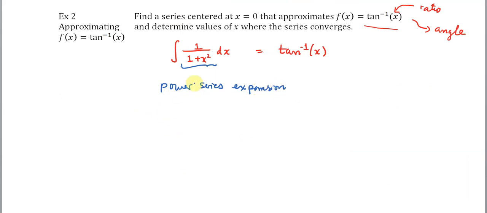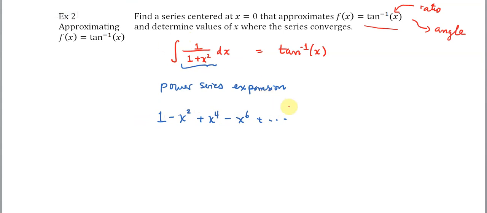So the power series expansion for this power series here is 1 minus x squared plus x to the 4th minus x to the 6th, and so on, onwards to infinity.